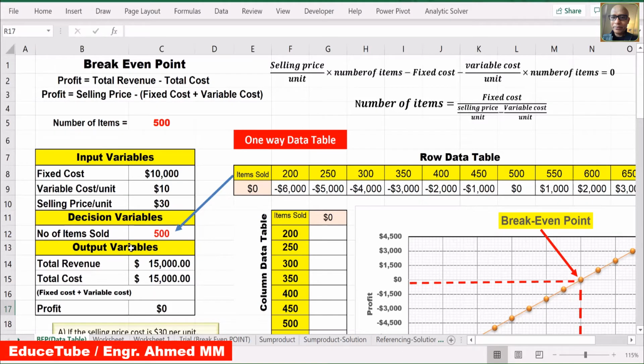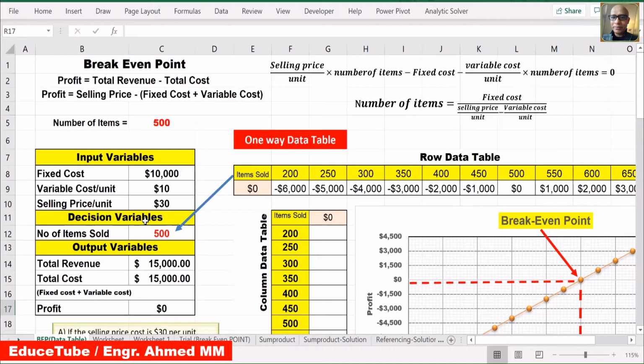Everybody. Today I am going to show you how to use formulas in terms of input variables to generate output variables. As well, we can create a solution selecting the best value of decision variables.